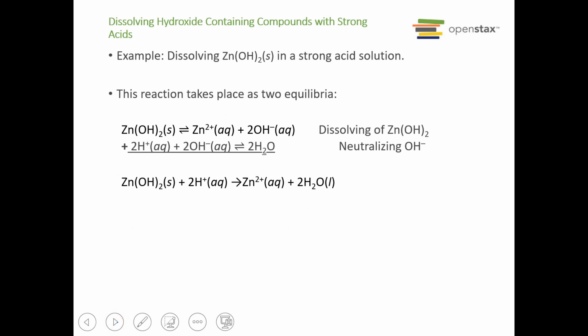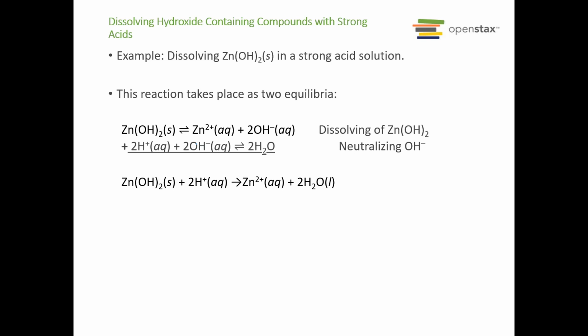For example, if we have something like zinc hydroxide, if we dissolve zinc hydroxide in a solution, we would get zinc 2 positive and 2 hydroxide ions out of it. And then if we have water, we know that there's a very small equilibrium where we get some H plus and some OH negative ions out of that.